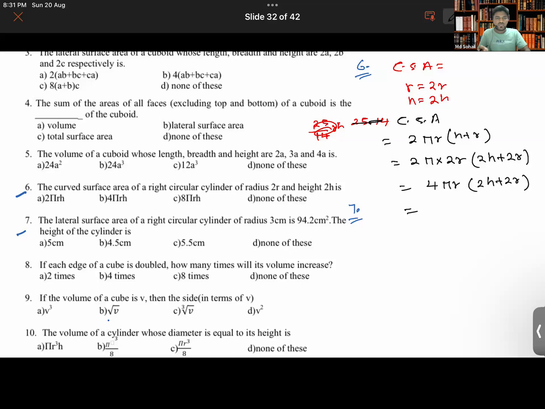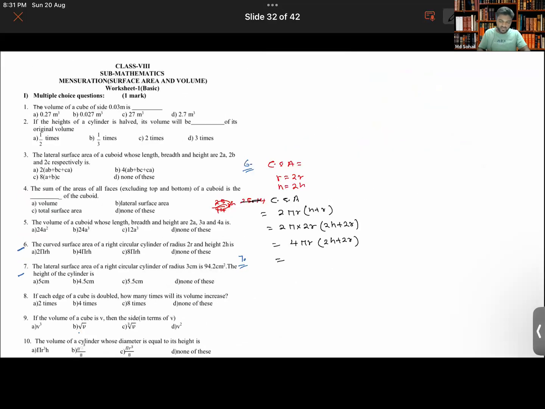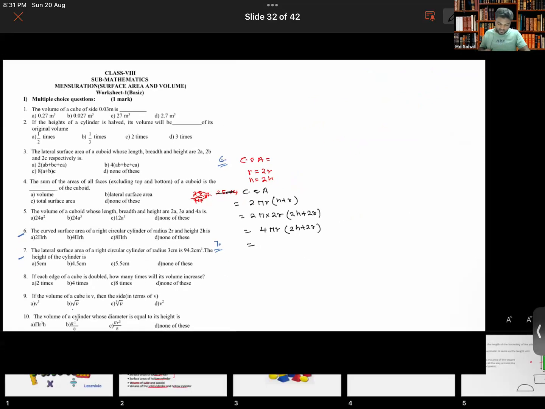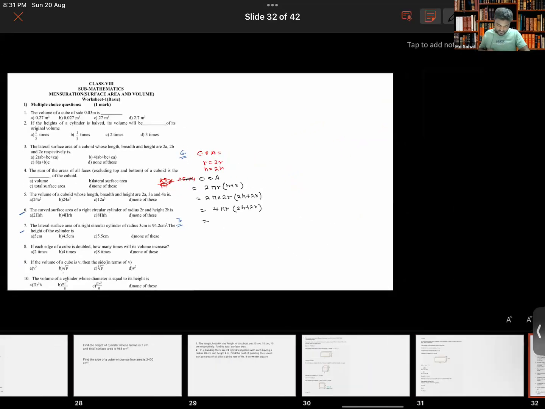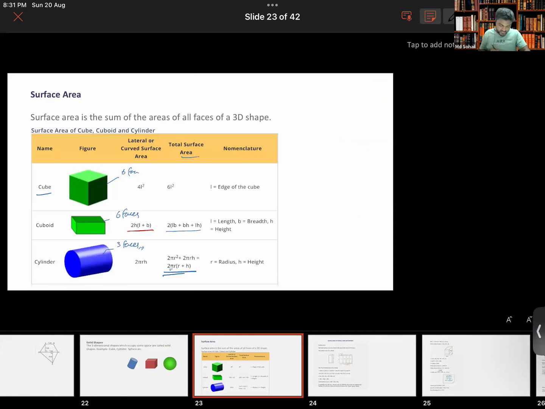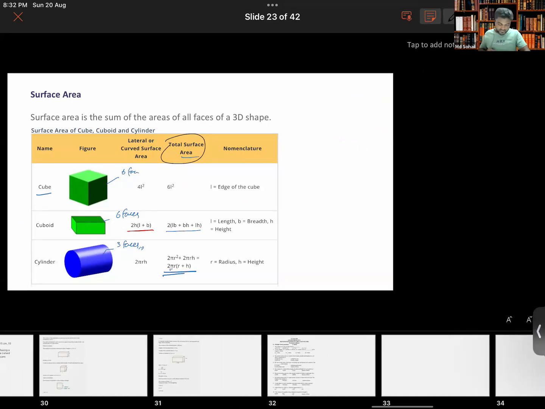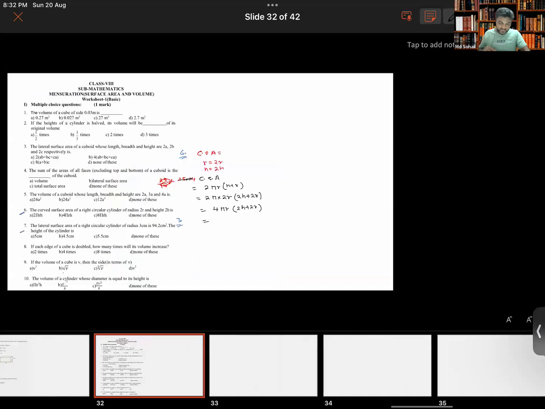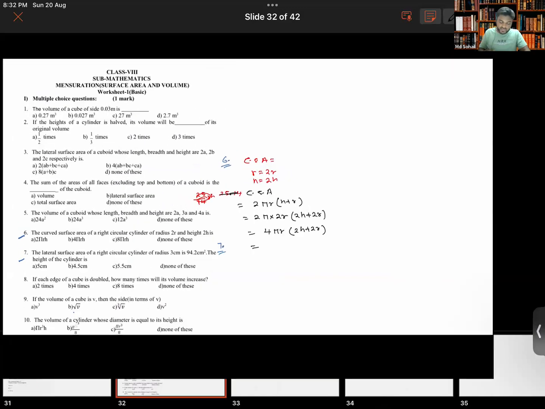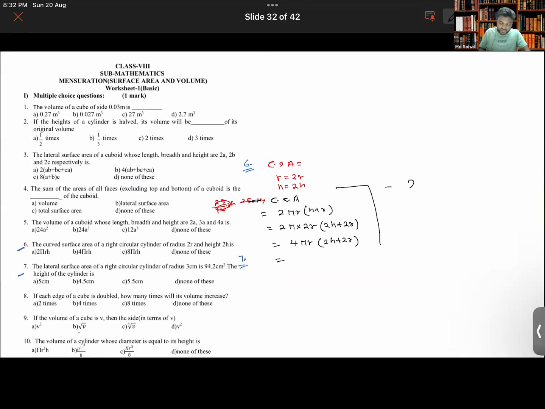Are we getting mistaken here? We are talking about total surface area, no? No, sir, the curved surface area. Okay, lateral surface area. I thought it's total surface area. I mistook it for total surface area. Right, so it's rather going to be 2 pi rh.